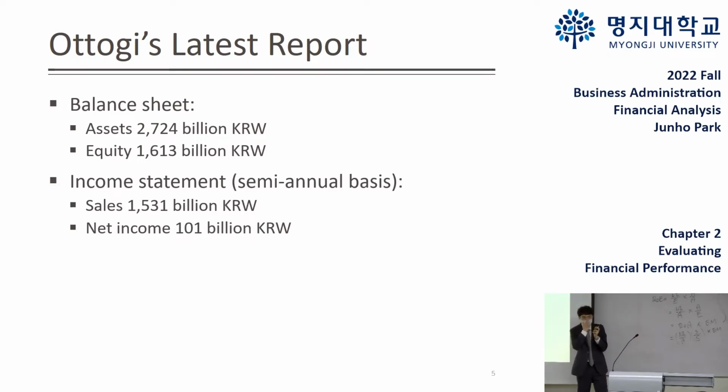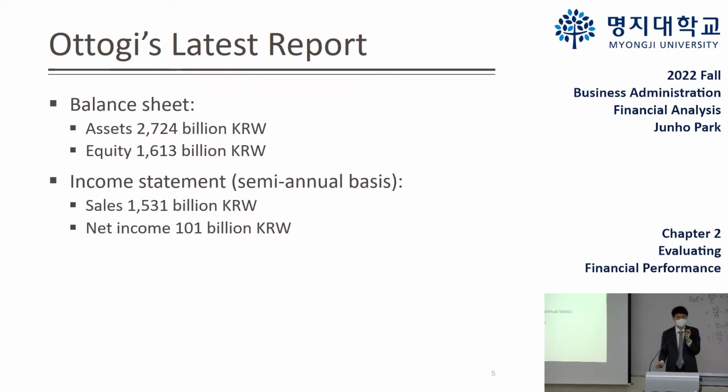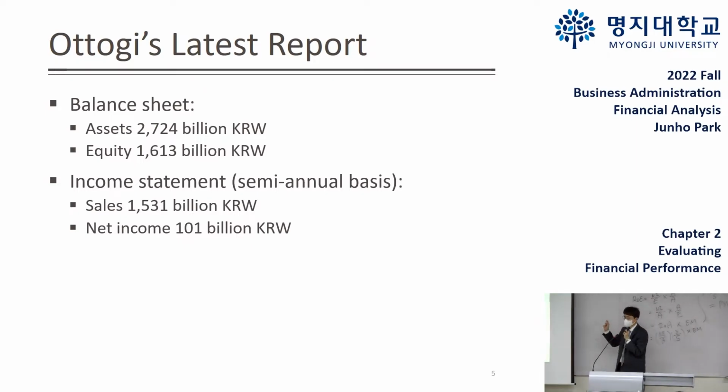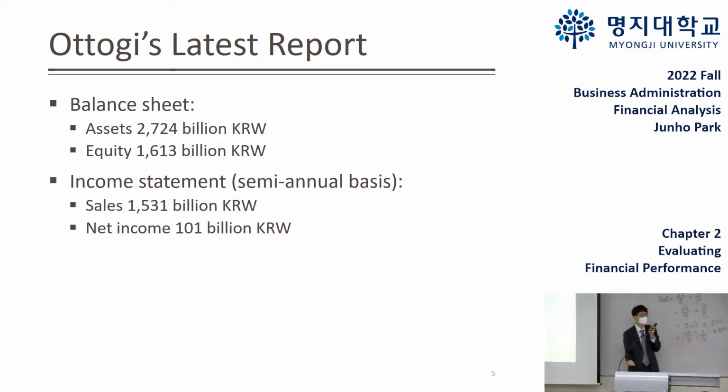But here, one thing that you should note is that this is a semi-annual report. So it is reporting the financial performance only for the 6 months from January 2022 to June 2022.